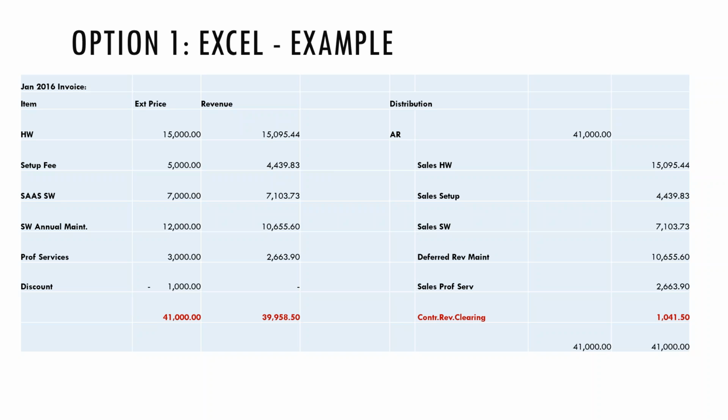On the right-hand side, here's my journal entry. Notice in the red at the very bottom, I have to accrue that difference. In this case, it's $1,041.50. I have to do this exact same calculation every month for the next 24 months of this contract. Now, at the end of the contract, I will have billed you $214,000, and I will have recognized $214,000.